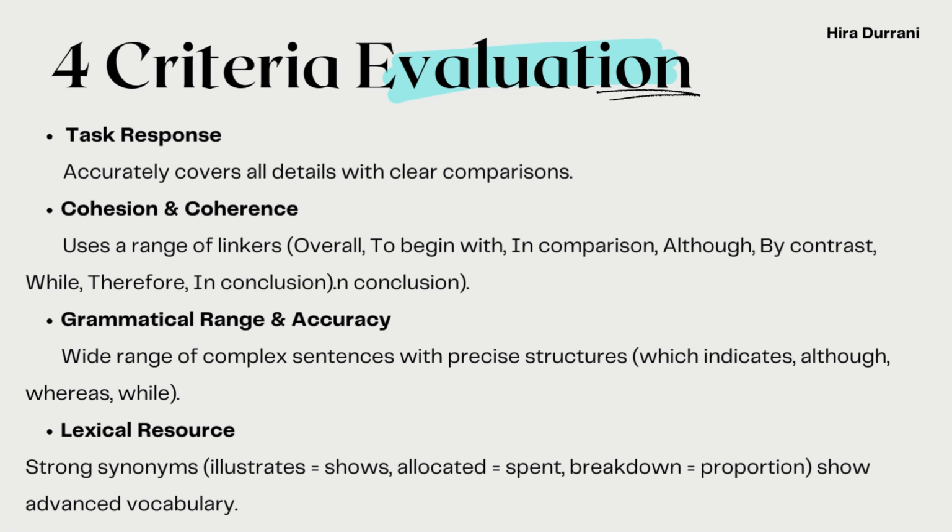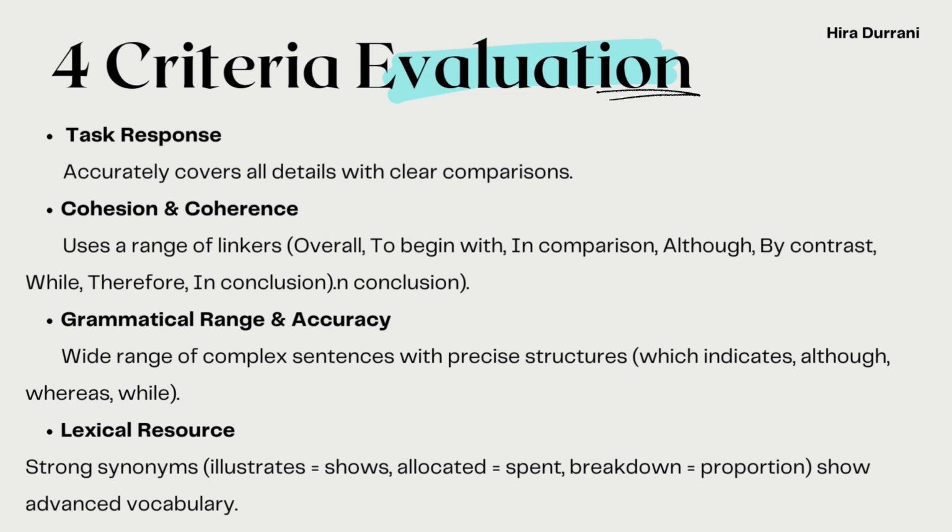Now, lexical resource, what do you mean by lexical resource? It is how you have used strong synonyms, for example, illustrates, which means to show. Now we have used allocated, means spent. Now, breakdown, proportion, these show advanced vocabulary.